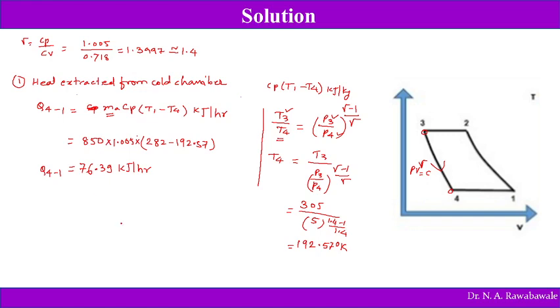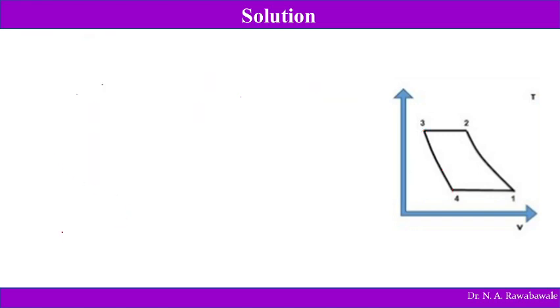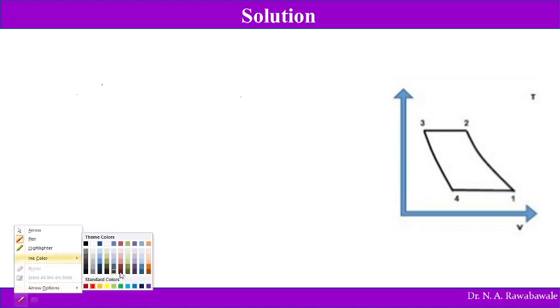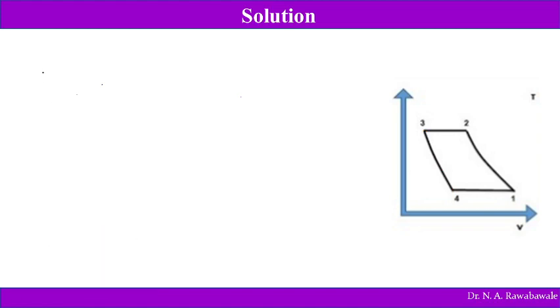Now coming to the next term, heat rejected. Second term, heat rejected in the condenser, which is given by Q2 to 3.